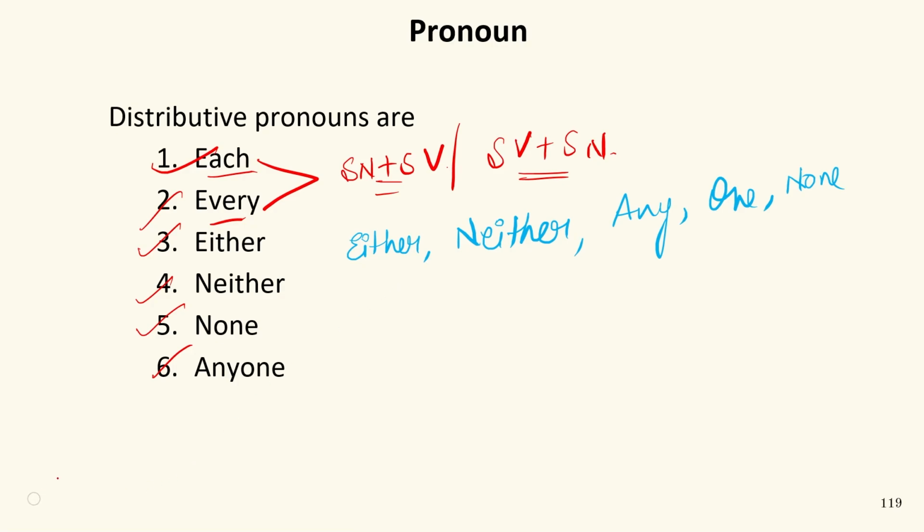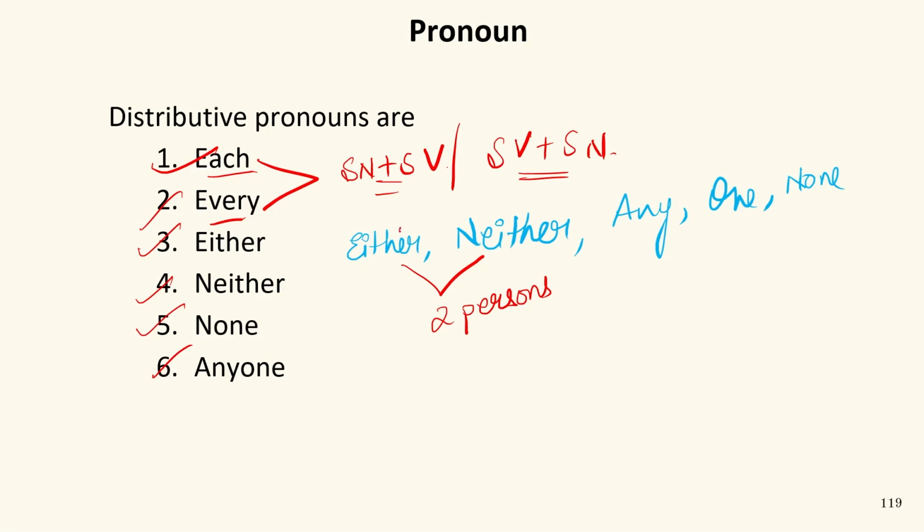First, we'll discuss either and neither. Either and neither are used only for two persons or things. If we are talking about only two persons or things, we use either or neither.